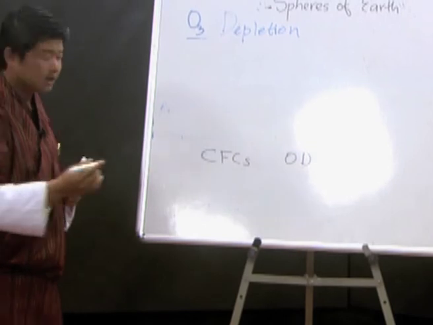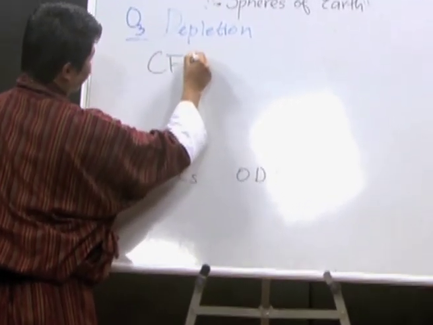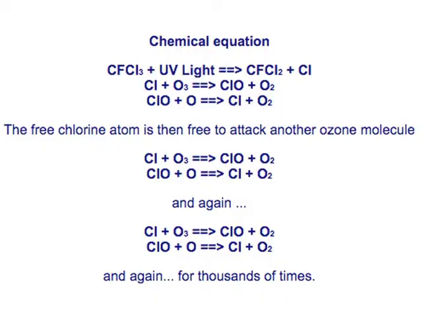Now, in the atmosphere, the chlorofluoromethane reacts with UV light and it produces chlorofluoro radical and chlorine.